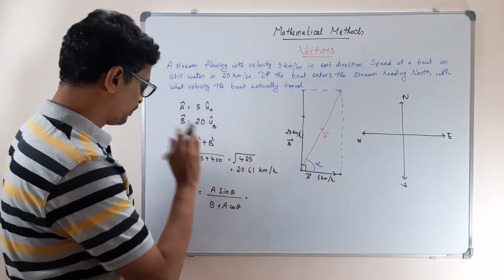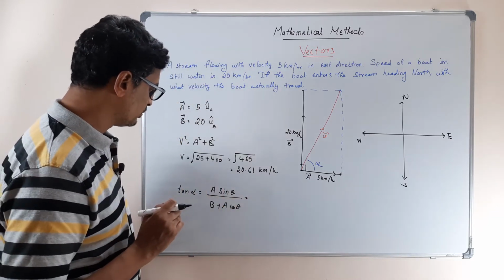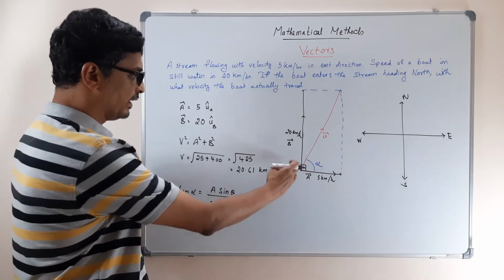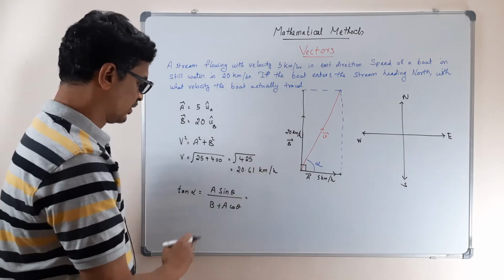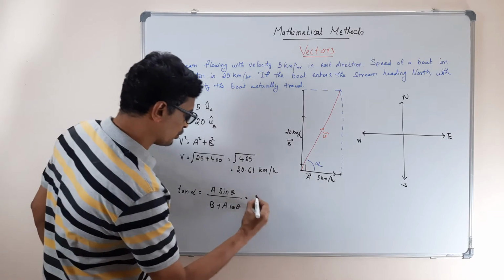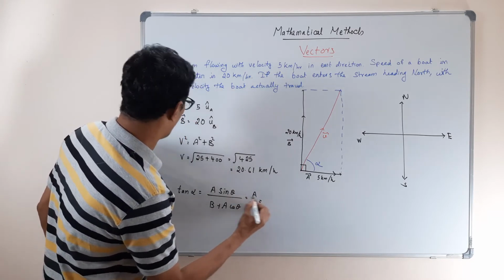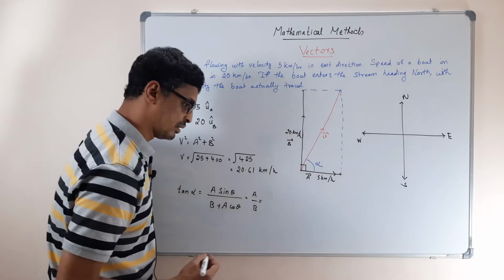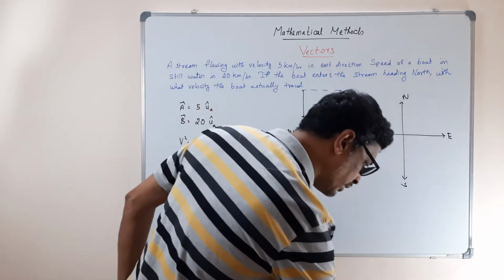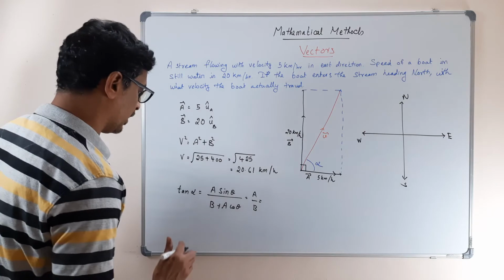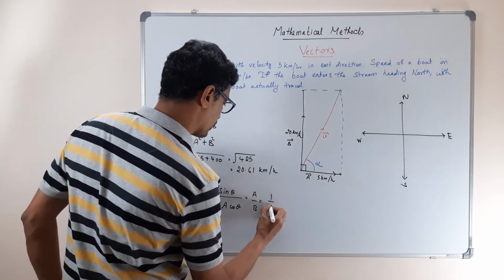Anyway, cos theta is 0 because of 90 degrees, where theta is the angle between the two vectors. Sin theta equals 1. So this will be A by B. So A is equal to what? I think 5 by 20, correct? So that is 1 by 4.